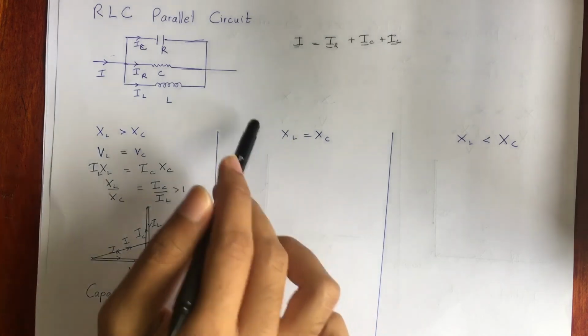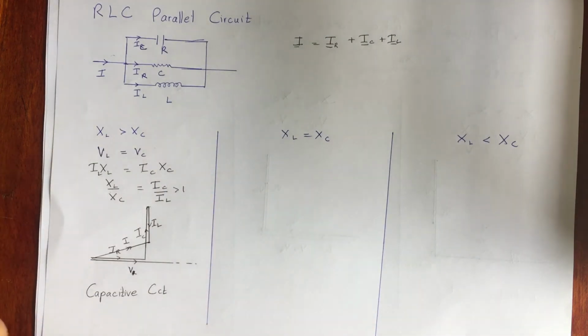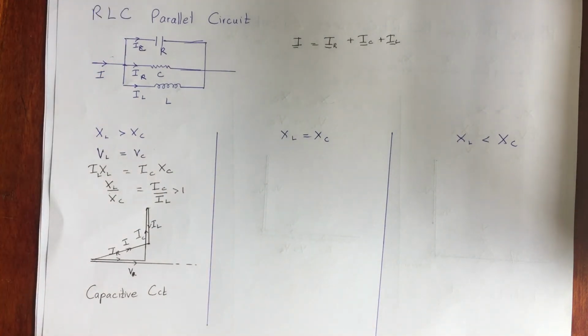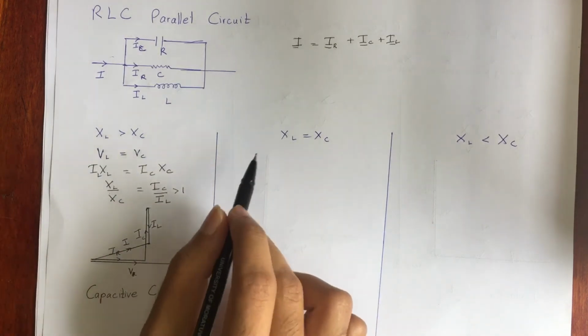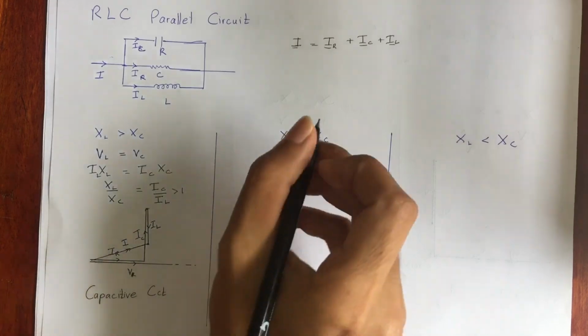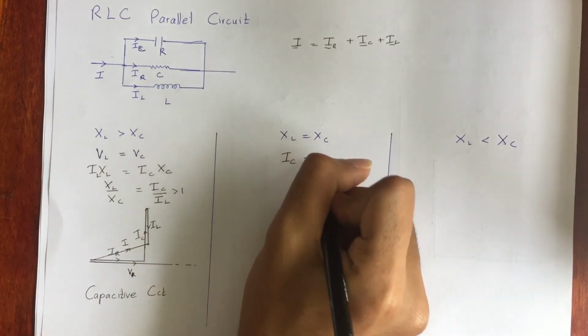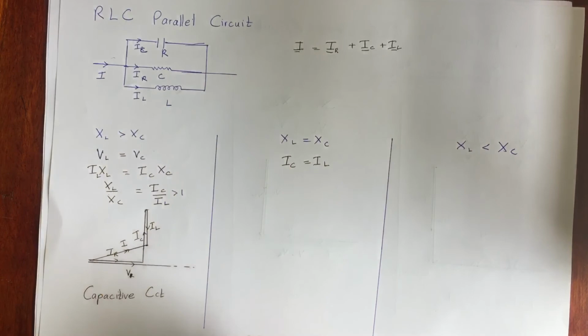Likewise, we call this a resonance RLC parallel circuit. So remember parallel circuit resonance. If XL is equal to XC, IC is going to be equal to IL.